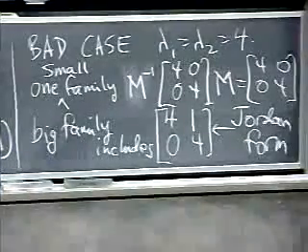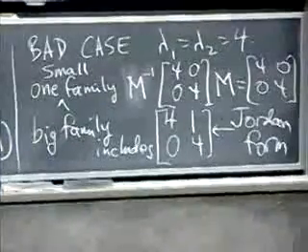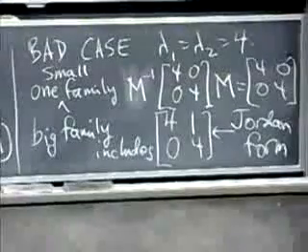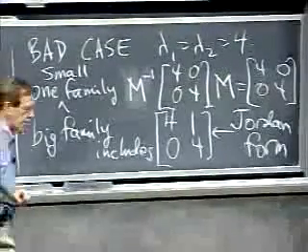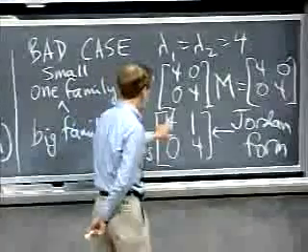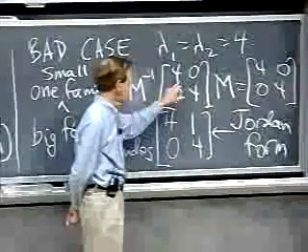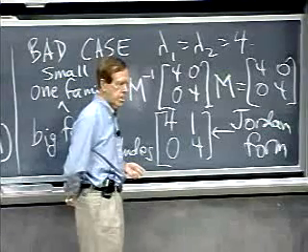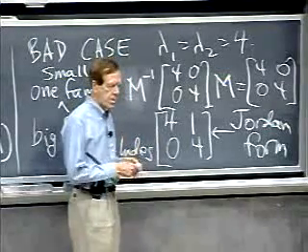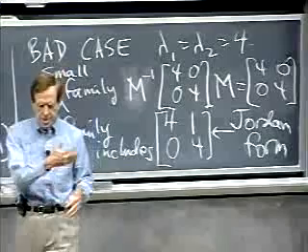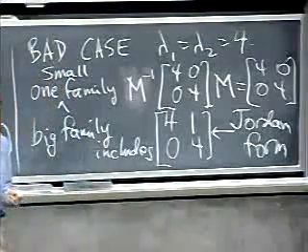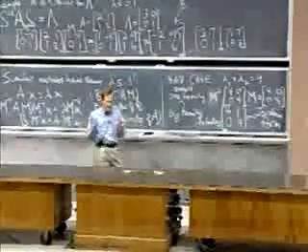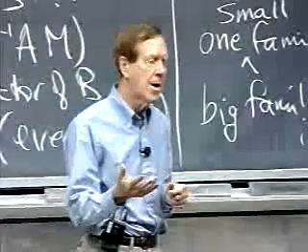Now, I think we've got to see some more matrices in that family. So let's just think of some other matrices whose eigenvalues are 4 and 4, but they're not 4 times the identity. And I believe that all the examples we pick up will be similar to each other. And do you see why?